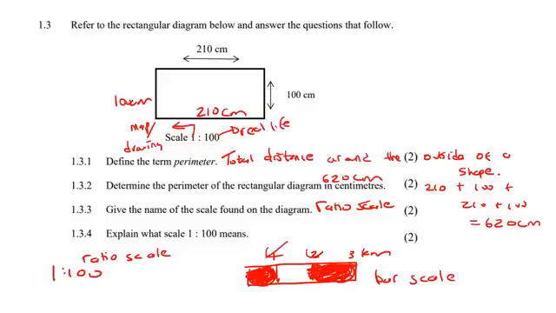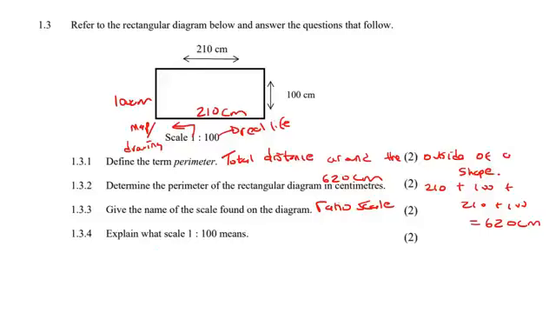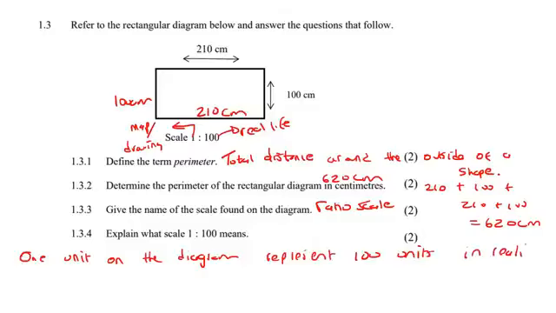So for one part on the map, it is actually going to be 100 times bigger in real life. So we can say that 1 unit on the diagram represents 100 units in reality or in real life.